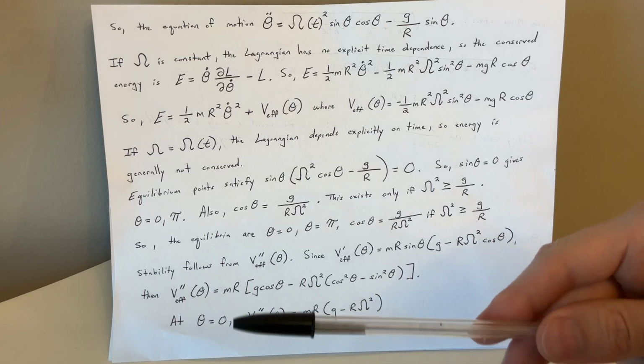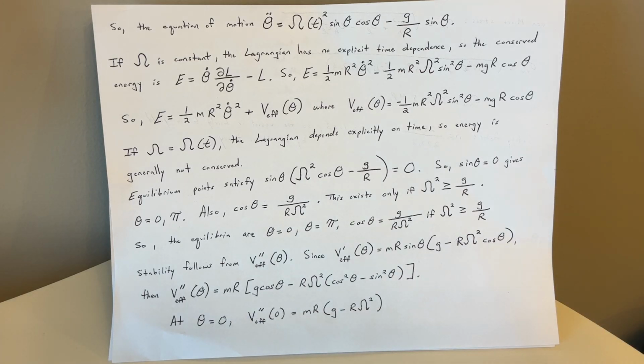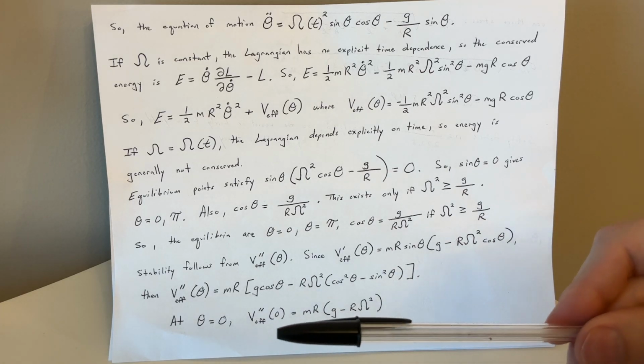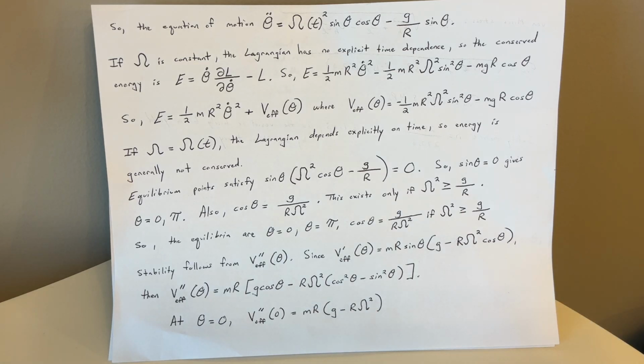And at theta equals 0, V sub EFF double prime of 0 equals mr times the quantity g minus r omega squared.